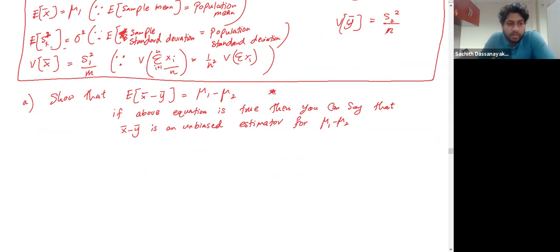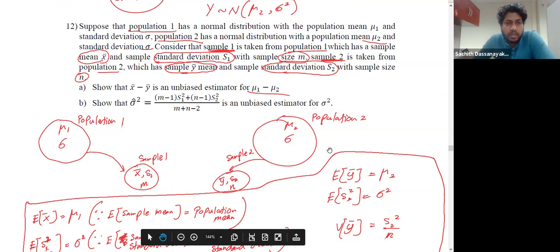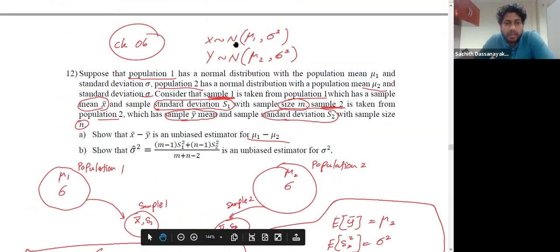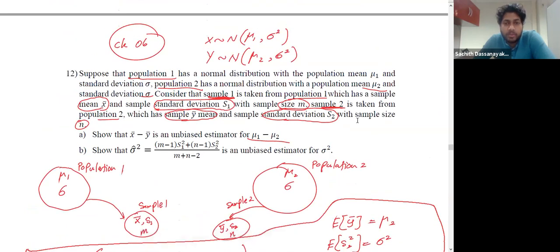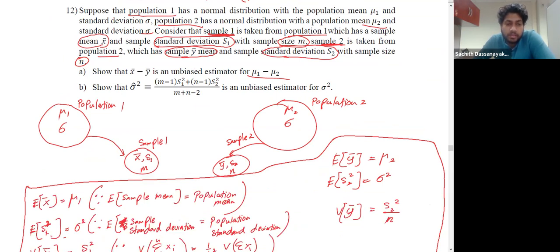Let's check this. The expected value of x bar minus y bar. In this question they have mentioned that population 1 and population 2 are two separate populations, so sample 1 and sample 2 have no relation.